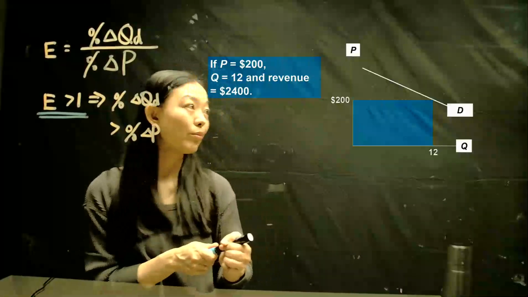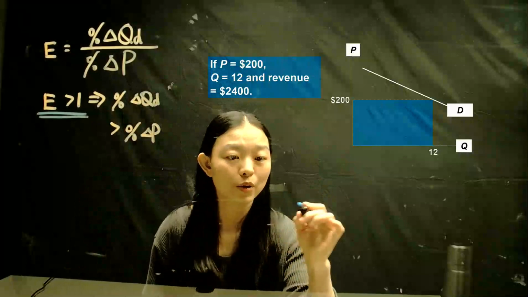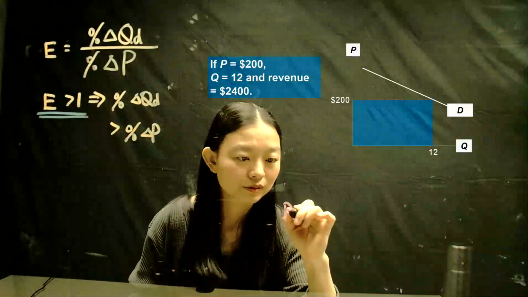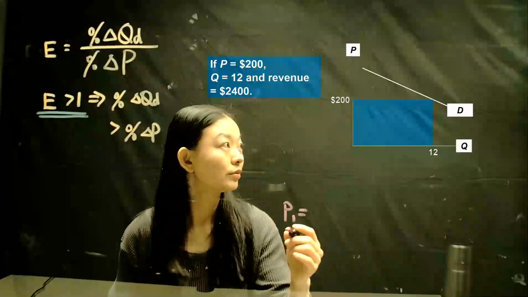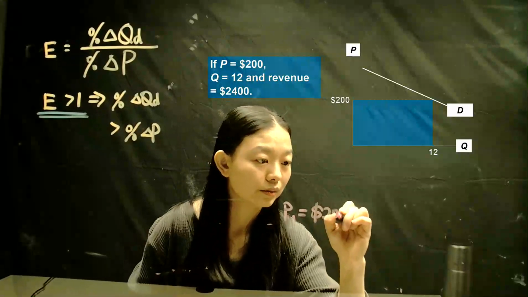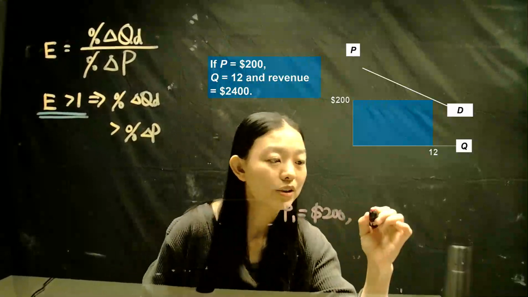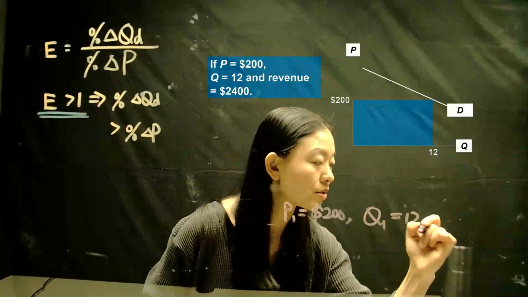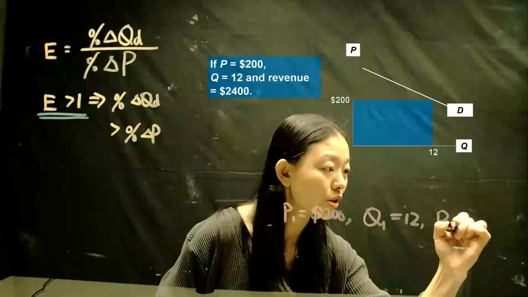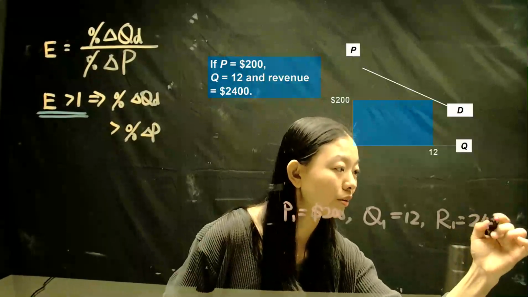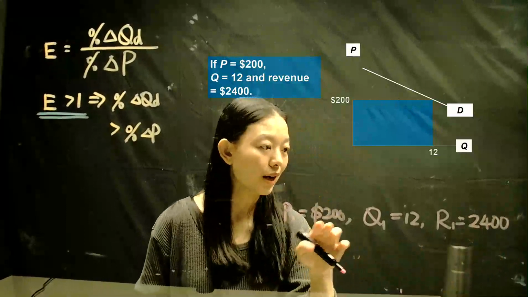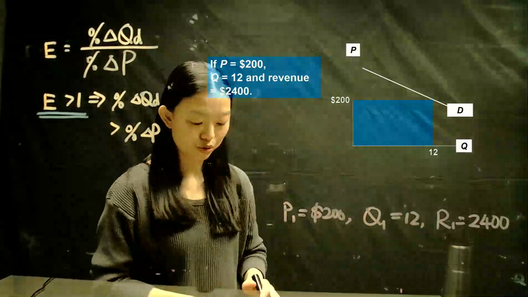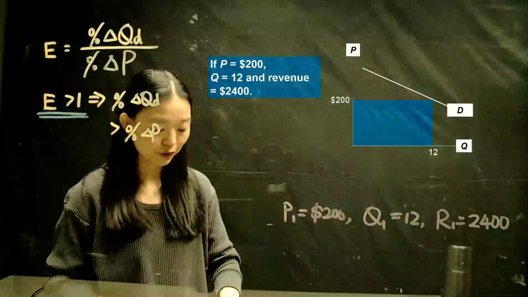Here I'll write it down: when price equals 200 and you can sell 12 units, the total revenue equals 200 times 12, which is 2,400.